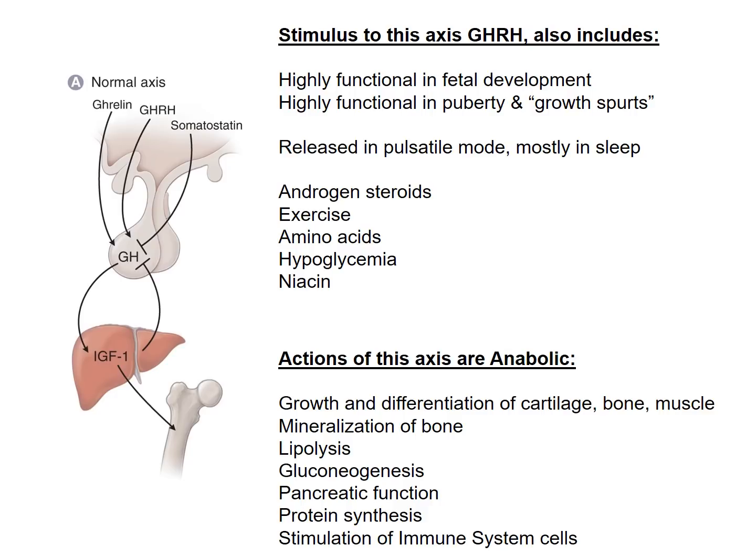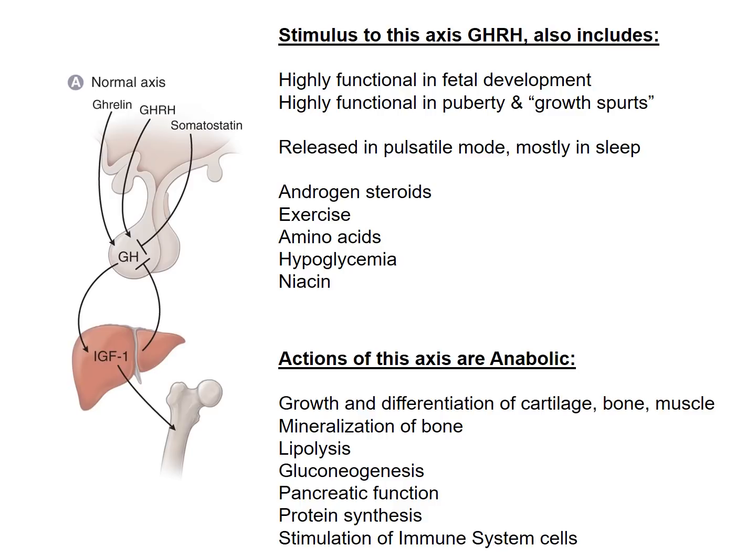So, think of you fall, you twist your ankle, you rupture some cartilage and tendon. You're going to want some growth hormone and IGF-1 to help rebuild that cartilage, mineralize that bone, differentiate that tissue, differentiate the precursor cells back to cartilage, muscle, etc., and use your immune system to heal that tissue.